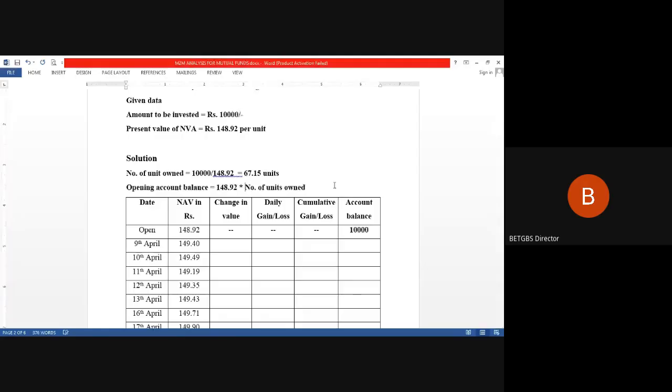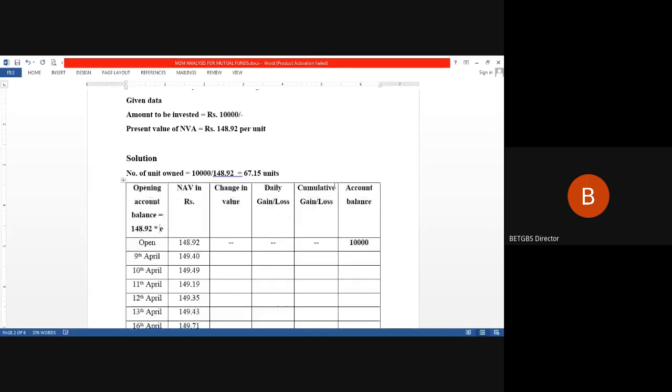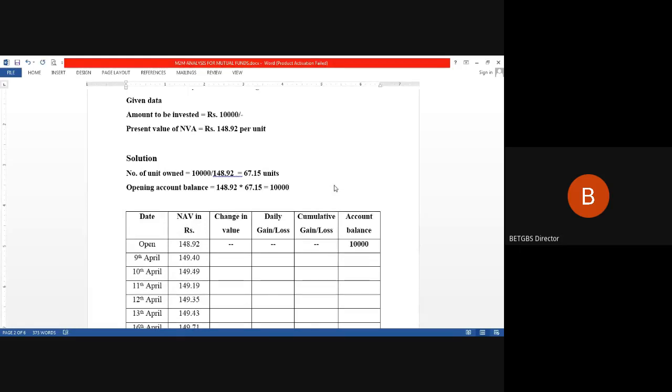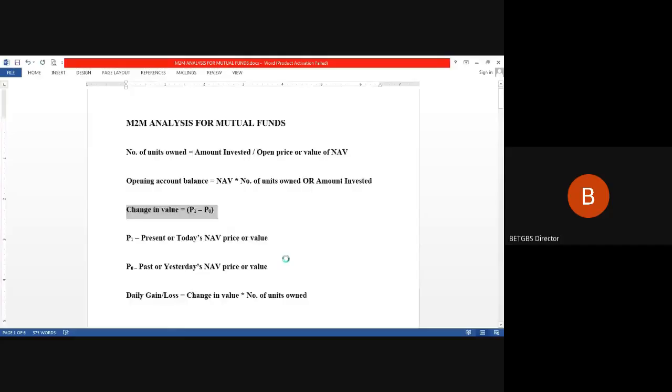So the opening account balance is NAV, 148.92, into the number of units owned, that is 67.15.